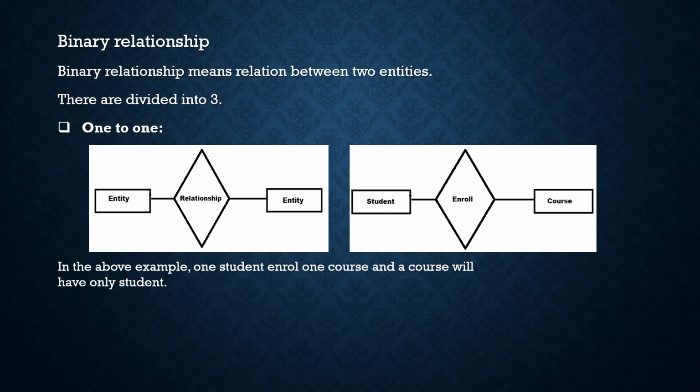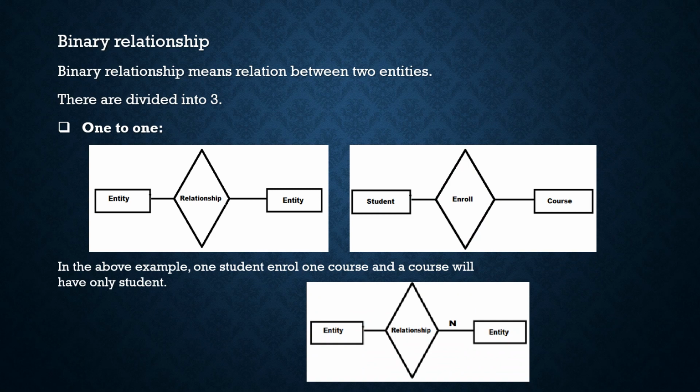Student and course are 2 entities, and the diamond shape indicates the relationship between student and course. The course will have only one student, that means only one student enrolls in that course. So that is a one-to-one relationship.